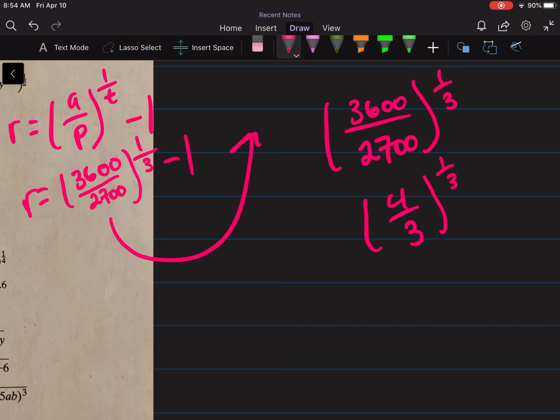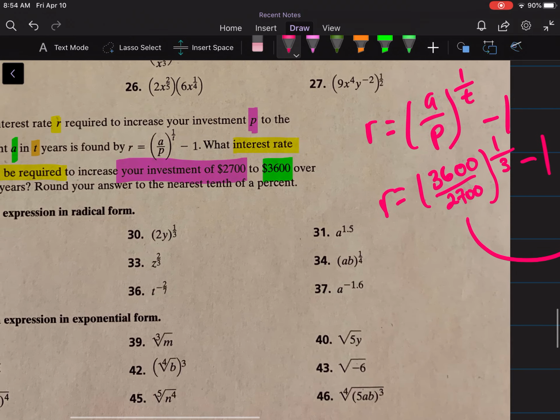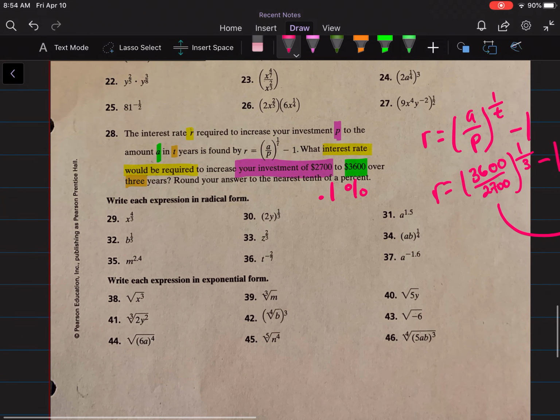So then you can also use your graphing calculator to plug that in. When you get that, you get 1.1 minus 1, which is just 0.1, a tenth of a percent. So it's 0.1%. And that is your answer for that one.